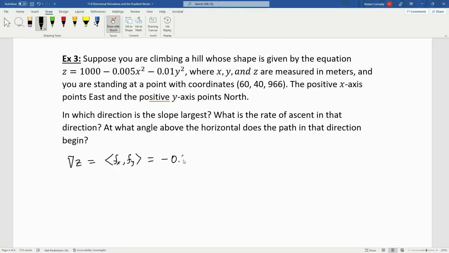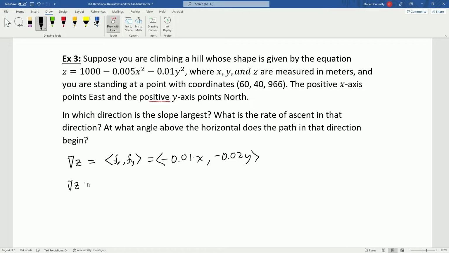Negative 0.01 times x, right? Because the derivative of x squared is going to be 2x. 2 times this is 0.01. And the derivative of this is going to be 0 here. Now, when we take this derivative with respect to y, what do we get? We get negative 0.02 times y.